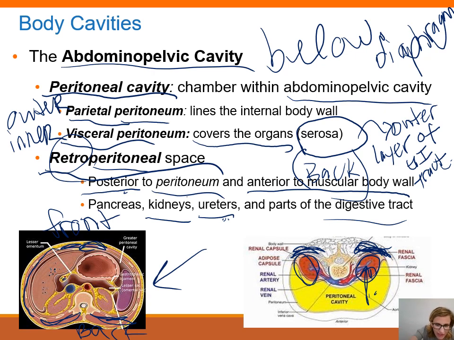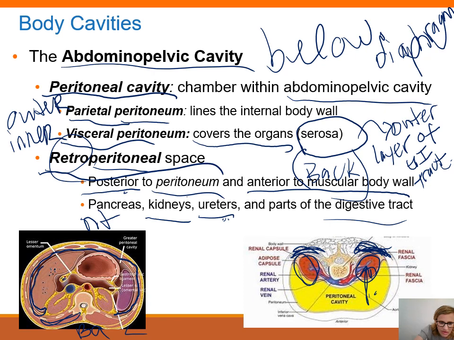You can see this shows you a little bit better. It shows you the space of the peritoneal cavity. So there's the layer, the parietal peritoneum, that lines the body wall, and then it curves in, and the visceral layer covers the organs themselves. So the visceral layer, it's kind of complex as it wraps around.